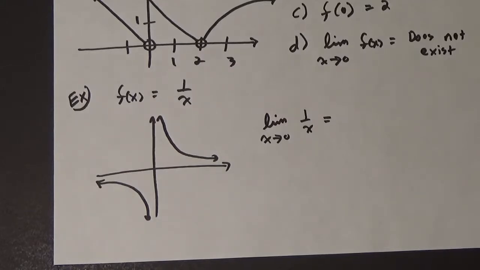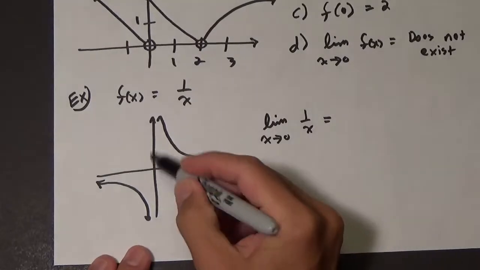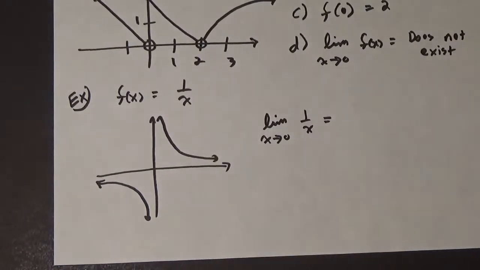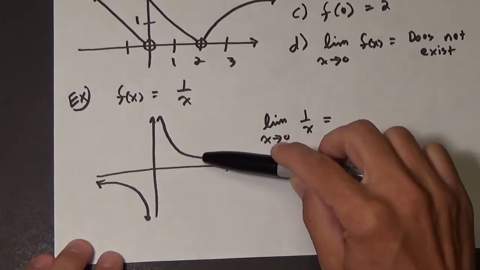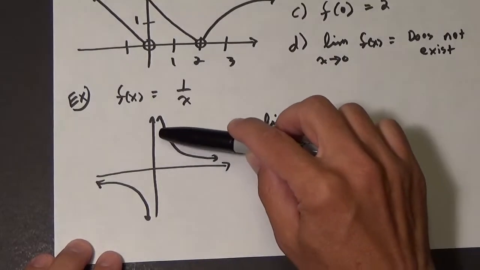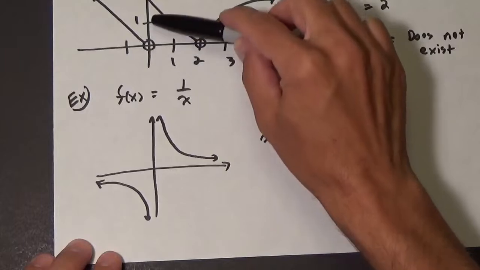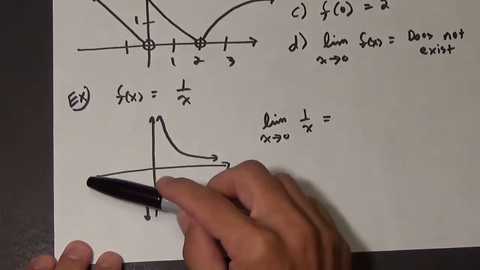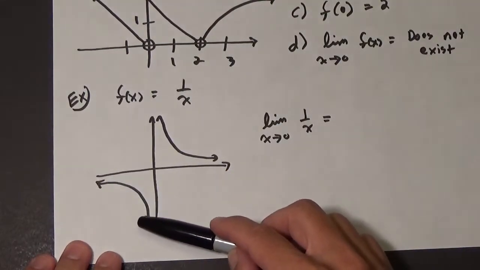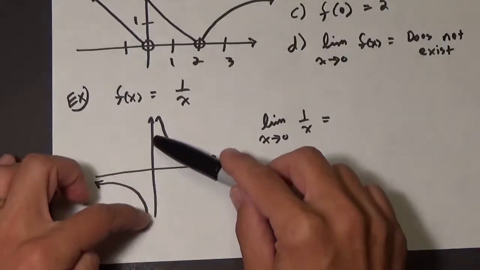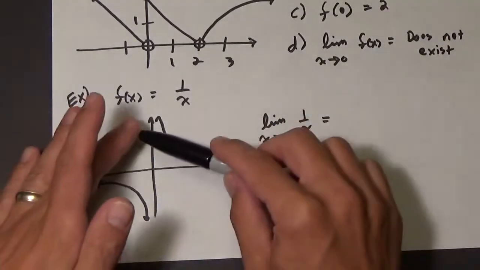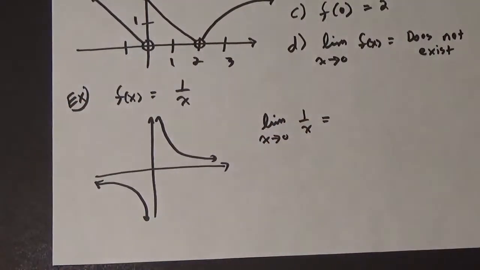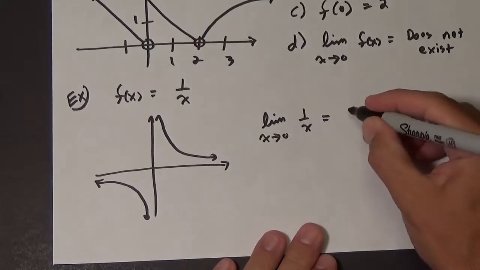Alright, so again, here's 0. This x equals 0 is the y-axis. And as we're approaching from the right, we keep on going to basically positive infinity. As we approach from the left, we are going to negative infinity. So because we're not going to one value, this limit does not exist.